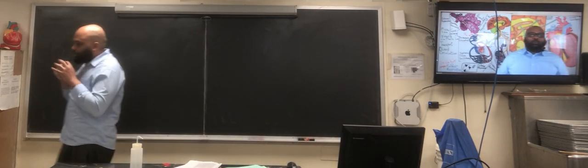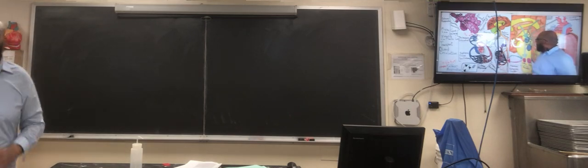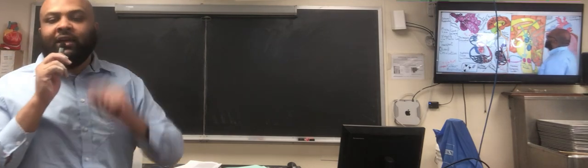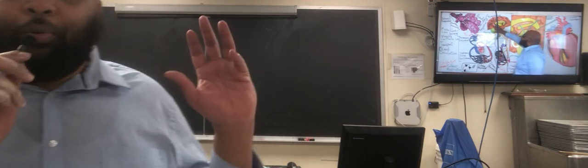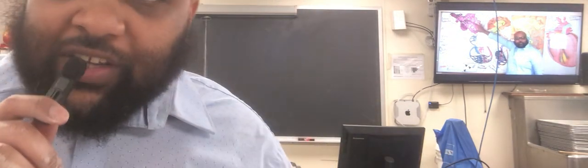So, what compartments am I mainly concerned with? The first compartment is my alveoli. The second compartment is the blood vessels. And the third compartment is the tissue.